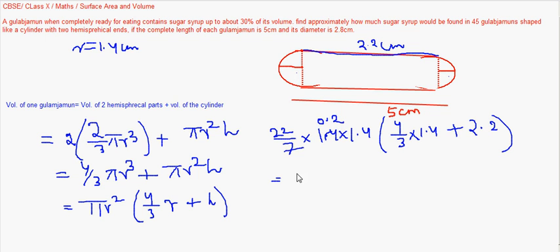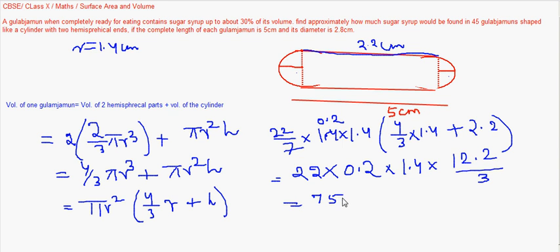So it leaves me with 22 into 0.2 into 1.4, and the bracket part is 6.4 by 3 plus 2.2. That's giving me 12.2 by 3. That is the volume, so it's 75.152 by 3 centimeter cube.